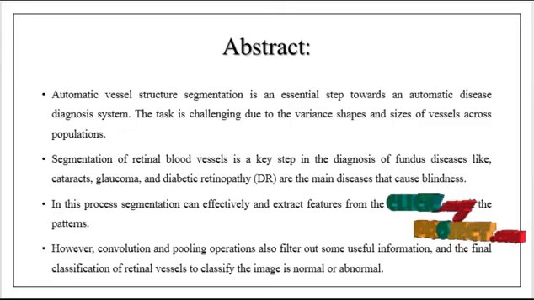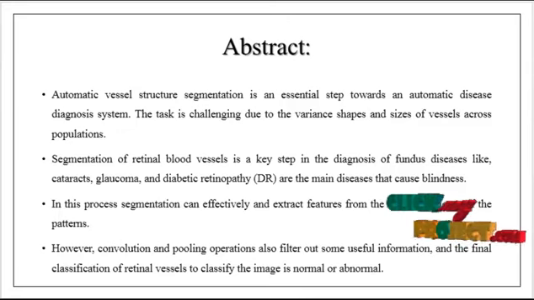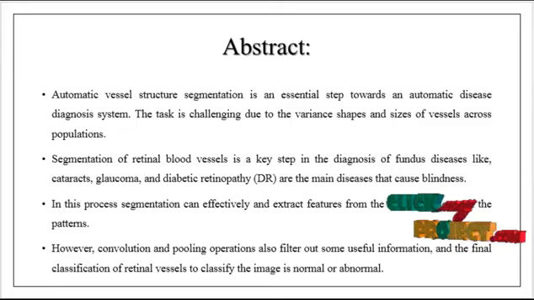Finally, the performance parameters will be evaluated by means of accuracy, sensitivity, and specificity. By means of accuracy, we can justify whether our process is efficient or not. If the accuracy level is high, the efficiency of the classification will be high.